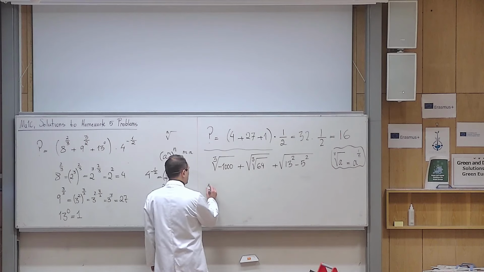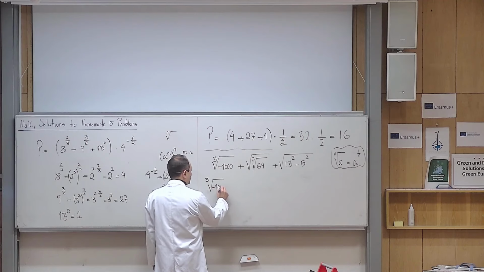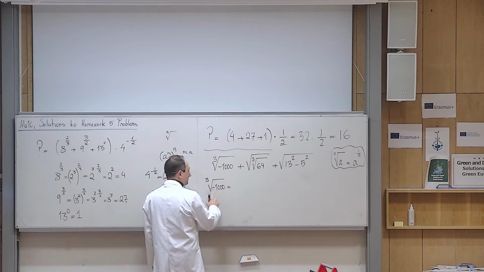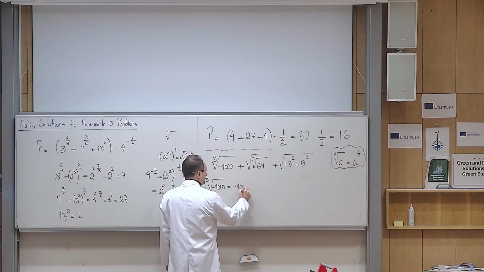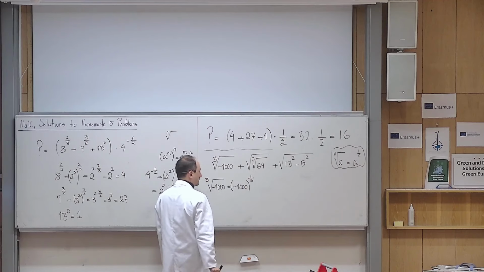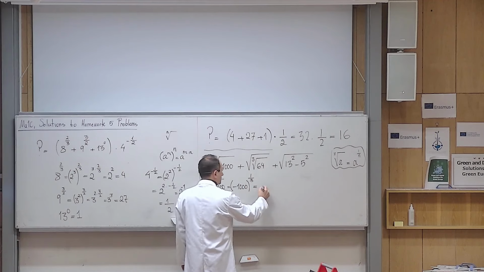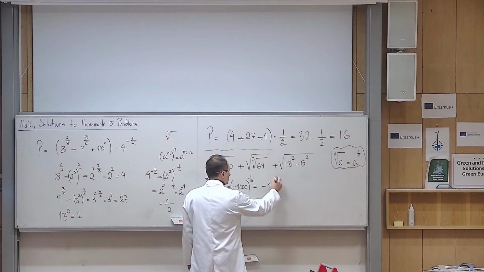So what do you do if I want to do everything step by step? I will write it as minus 1,000 to the power of 1 over 3. But minus 1,000 can be written as minus 10 to the power 3, all to the power of 1 over 3.